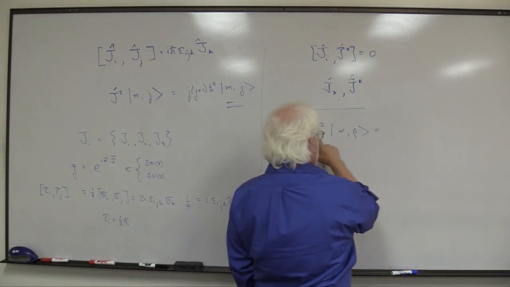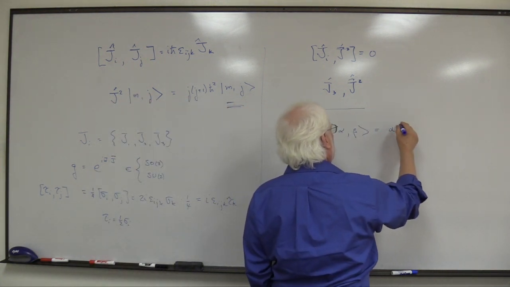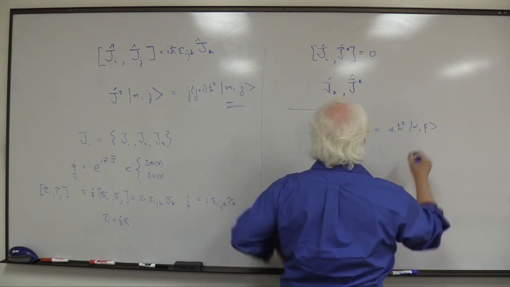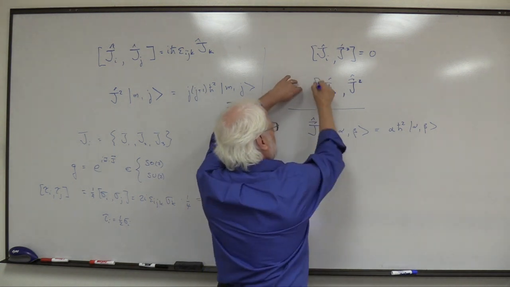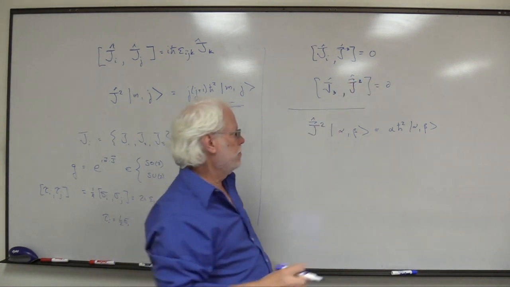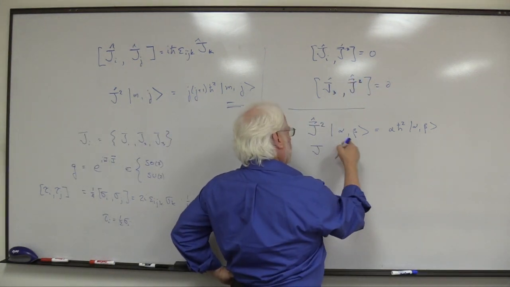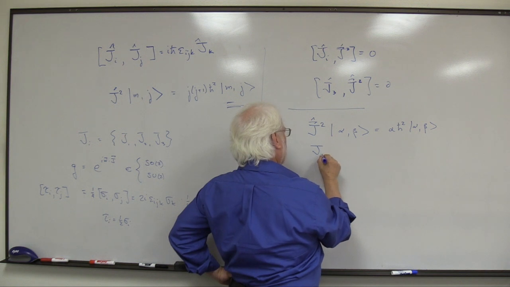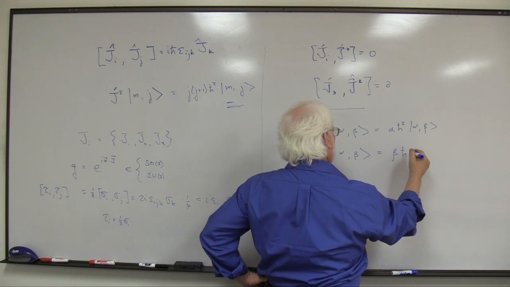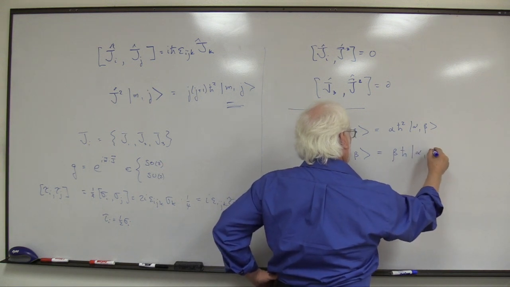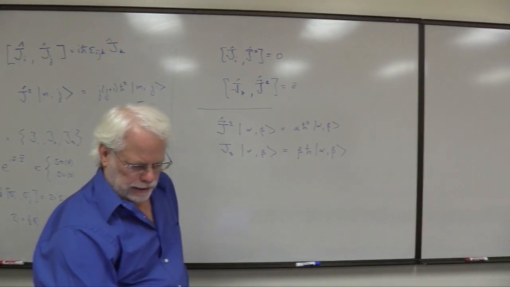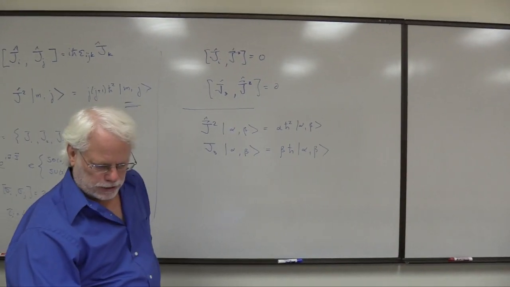Since these commute, we can simultaneously diagonalize them. So we'll call alpha and beta the eigenvalues of these, with J3 giving beta ħ, which makes things dimensionally correct.